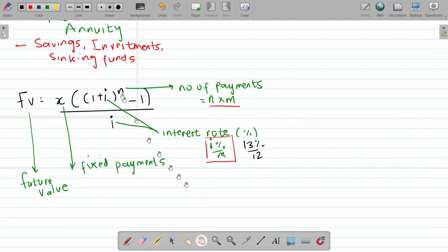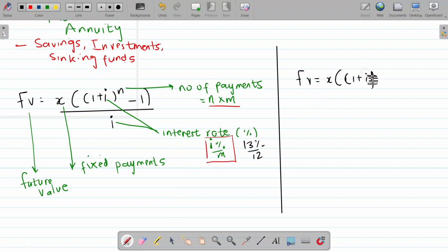Now, there's a variation to this formula. The first variation is when we use it in this manner: FV equals X (1 plus I to the power of n minus 1), all divided by I, and then we multiply this by 1 plus I to the power of m. The only difference is this portion over here.